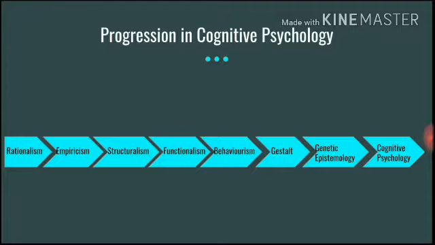Now, as we move ahead towards understanding how cognitive psychology came into existence, although we'd look at our philosophical roots, at how the behaviorists played an important role and Gestalt psychology played an important role, we also understand that cognitive psychology draws a lot from developmental psychology.